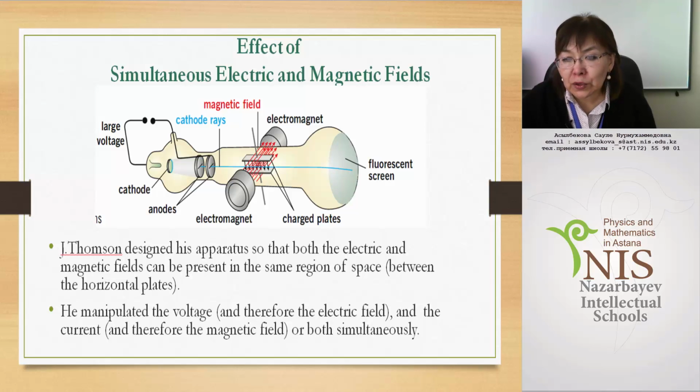And then the cathode rays produced pass through two parallel plates, which provide an electric field, and two outer coils are used to form a magnetic field.